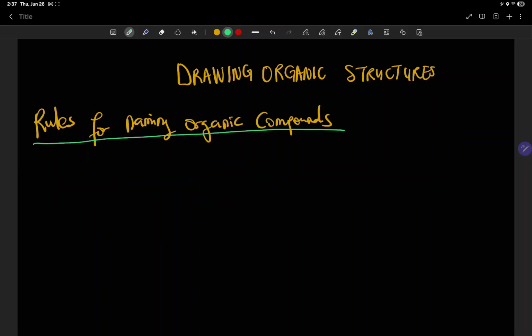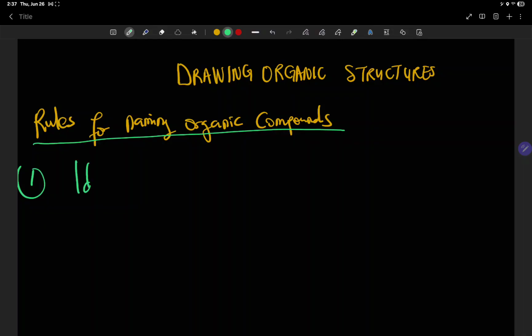So the next thing we are dealing with is rules for naming organic compounds. We have successfully established an agreement about the structure of carbons as it relates to organic compounds. Now we're going to be knowing the rules for naming organic compounds. The first rule is what?